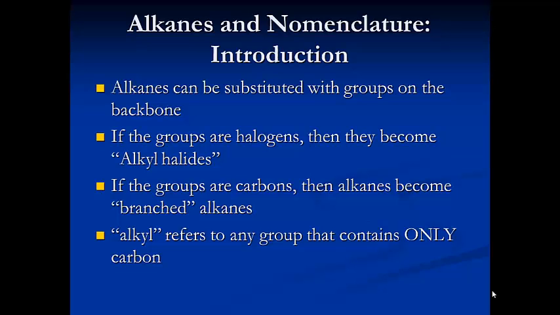It becomes what we call an alkyl halide. Alkyl refers to any group that contains only carbon. So an alkyl halide contains carbon and a halogen, or halogens, because you can have multiple halogens attached to the backbone. If the groups are carbon attached to the backbone, then the alkanes become what we call branched alkanes.